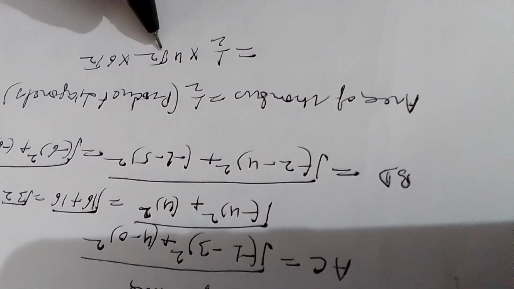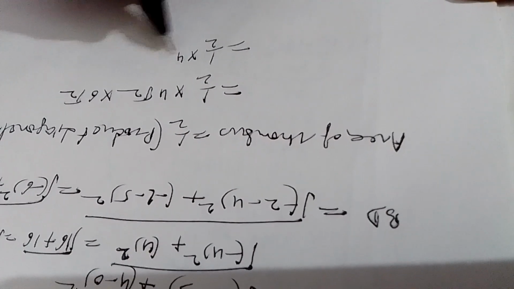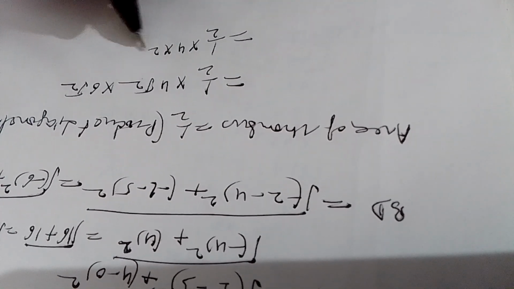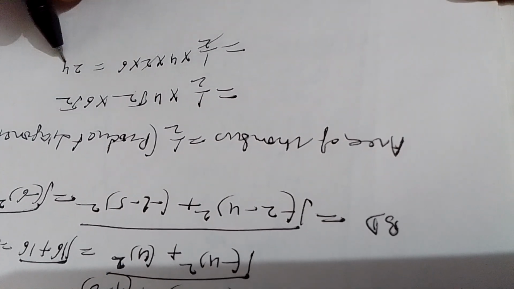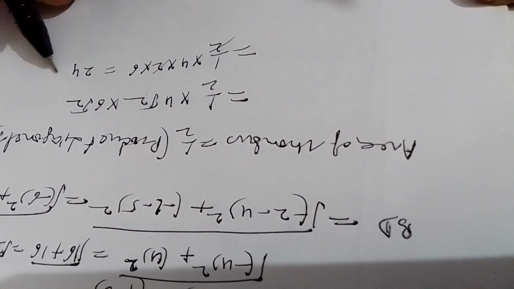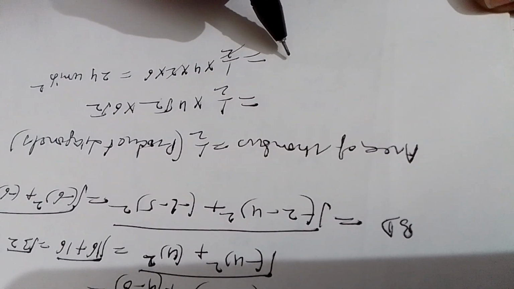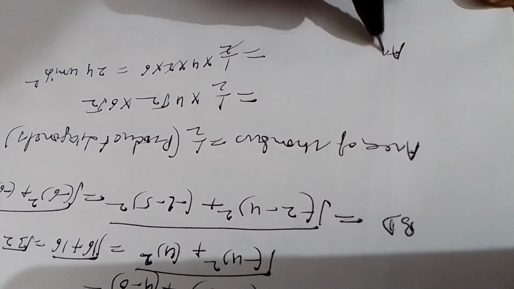So half into 4 under root 2 multiplied by 6 under root 2 comes out to be 2 multiplied by 6 times 2. So cancelling 2 with 2 it comes out to 24. So 24 units square is the area of the rhombus.